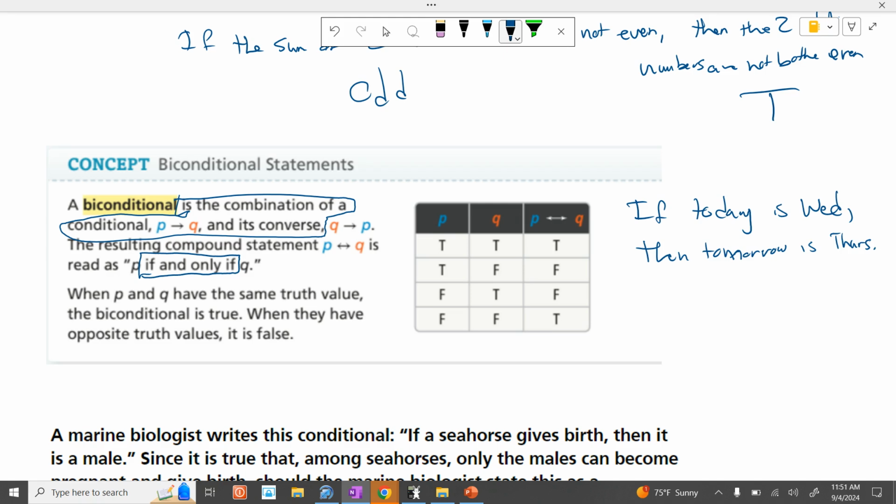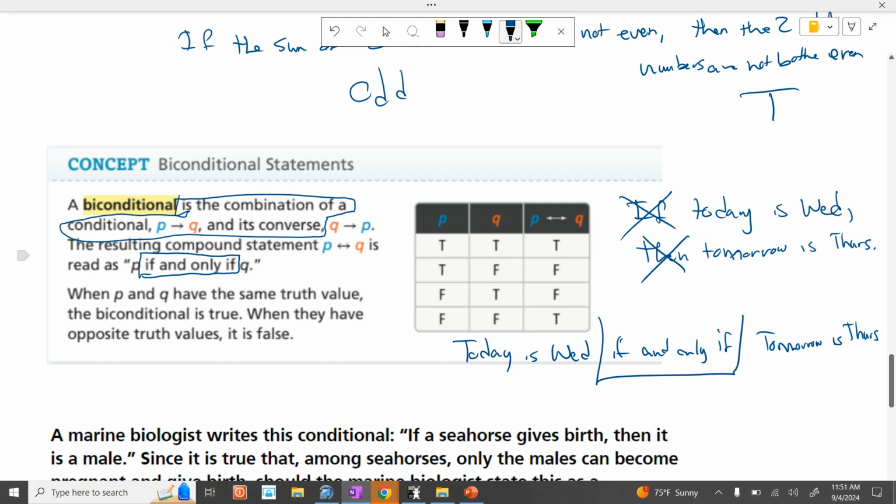If both the statement and its converse are true, then we can write it as a biconditional, where we don't have the "if" and we don't have a "then." So we say, today is Wednesday if and only if tomorrow is Thursday. Now you could switch that around and say tomorrow is Thursday if and only if today is Wednesday. Either one of those works.